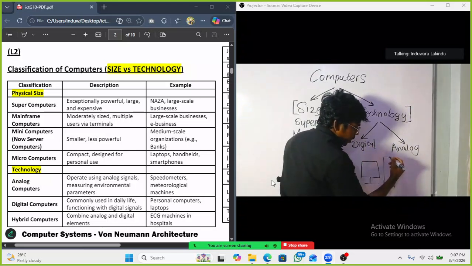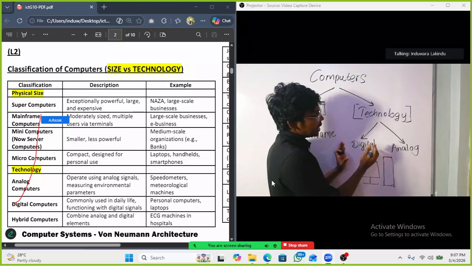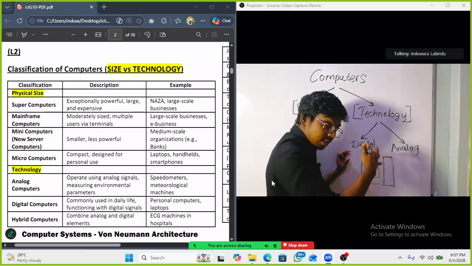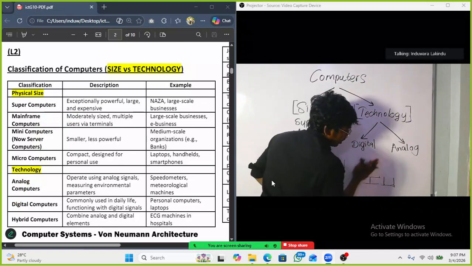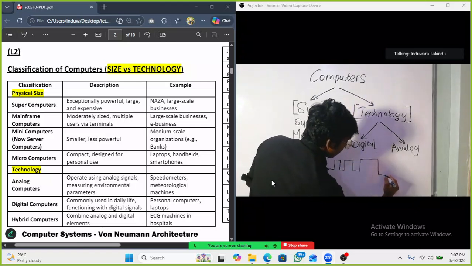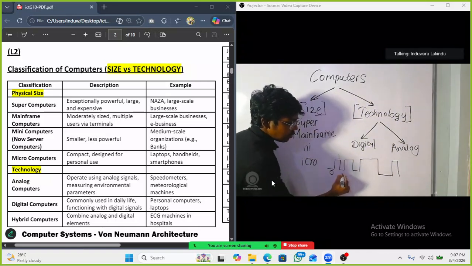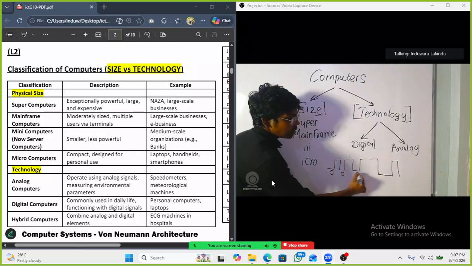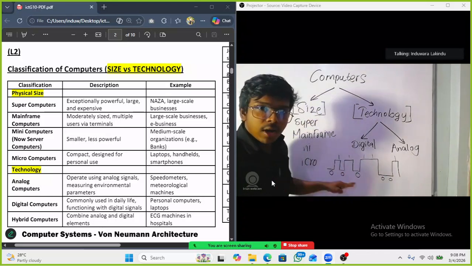The signals inside your computer travel as digital signals, going up and down like this. This can be 0, this can be 1, this can be 0, this can be 1, like that. Up and down signals are the digital signals.